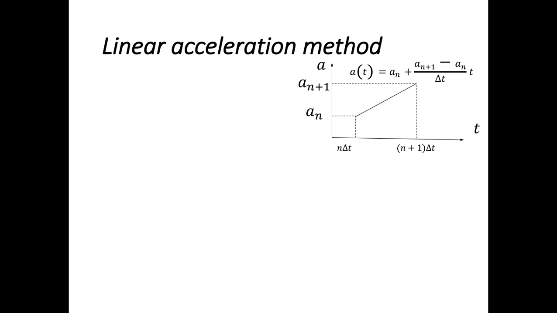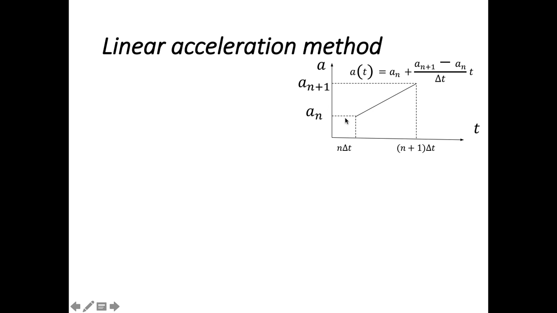Let's take another consideration of how the acceleration changes. Still, we have an and we have an plus 1. However, between an and an plus 1, I think they change linearly. From the n step to the n plus 1 step, the time interval is delta t, and between an and an plus 1, the difference is an plus 1 minus an.